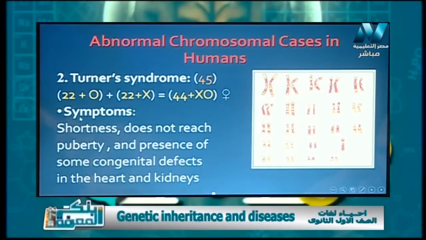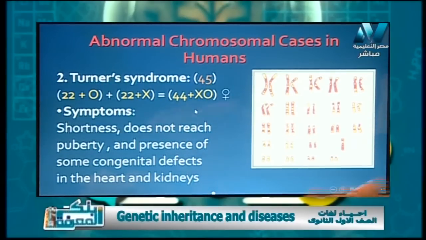The symptoms of this case are shortness, the female does not reach puberty, and the presence of some congenital defects in the heart and kidneys. So these are the symptoms of Turner syndrome. She is female.